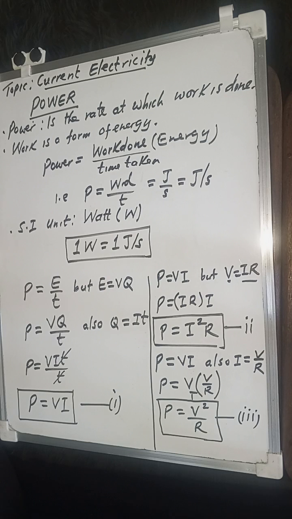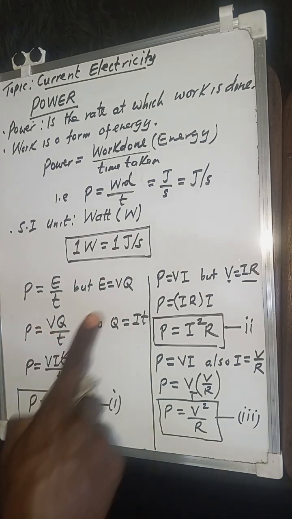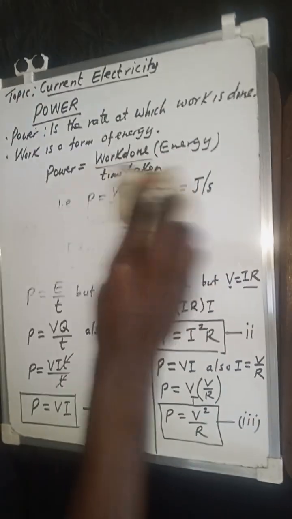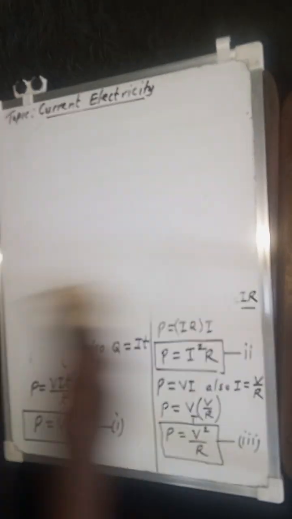Now let's take it a bit further and look at that formula again, what we are simply calling electrical energy. So let me just try to clean up this section and introduce you to another world. We are simply saying that electrical energy is equal to voltage multiplied by charge.